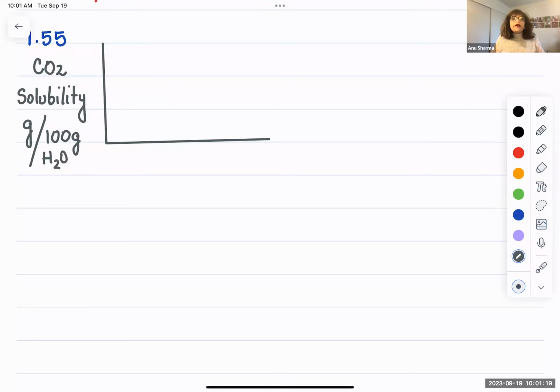Okay, so carbon dioxide, if you take 100 grams of water and you bubble carbon dioxide into it, we see that it is temperature dependent. It depends on the temperature, degree Celsius. So always here, it's very important that the units are written, always. Units are very important. Okay, always write the units. Without that, these numbers don't mean anything.